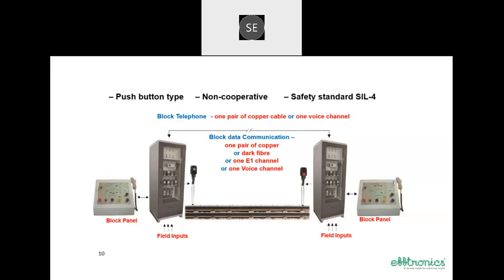There also the system connects to fiber by default, and if there is a break in fiber, it seamlessly transfers onto voice. Similarly, if there are two voice channels, one on a copper cable and the second the audio channel of OFC, by default it is connected to the audio channel, and if the audio channel breaks, it transfers onto the copper cable. It is prioritized like that based on the channel type.